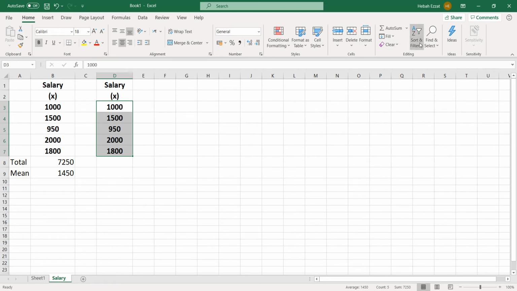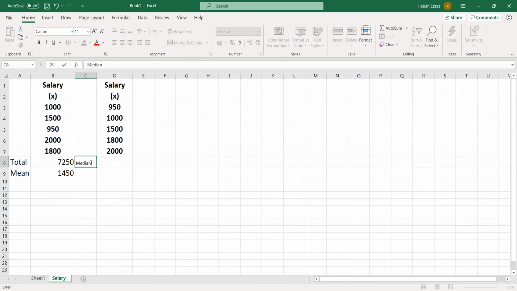So I will go to sort and filter, and sort from smallest to largest. Here the median would be the midpoint that divides the data set into 50% lower than this point and 50% upper than this point. So in this case, the median will equal 1,500.